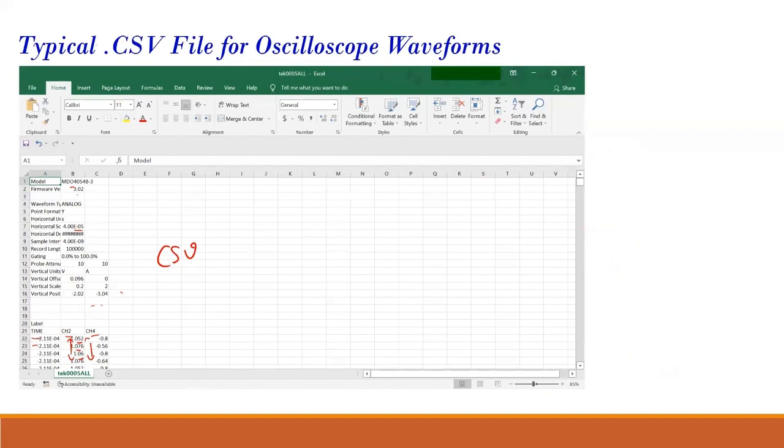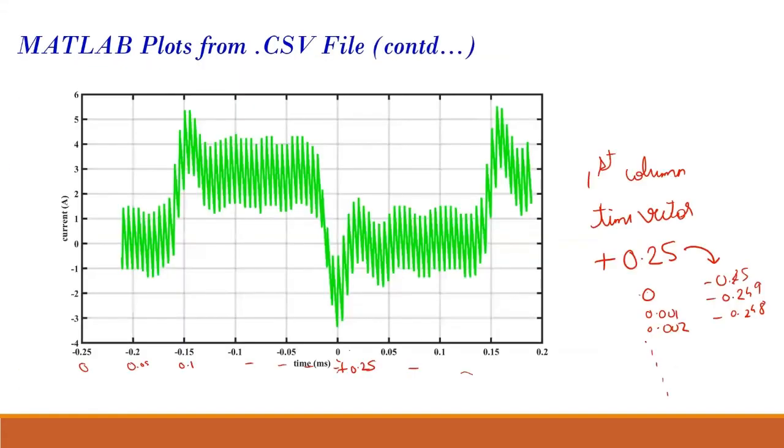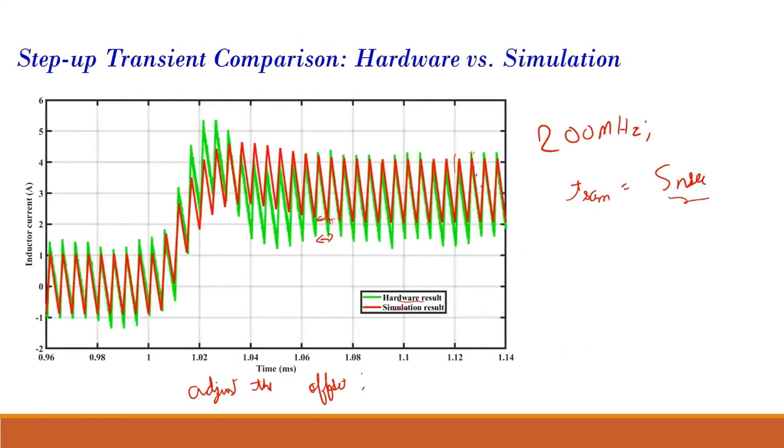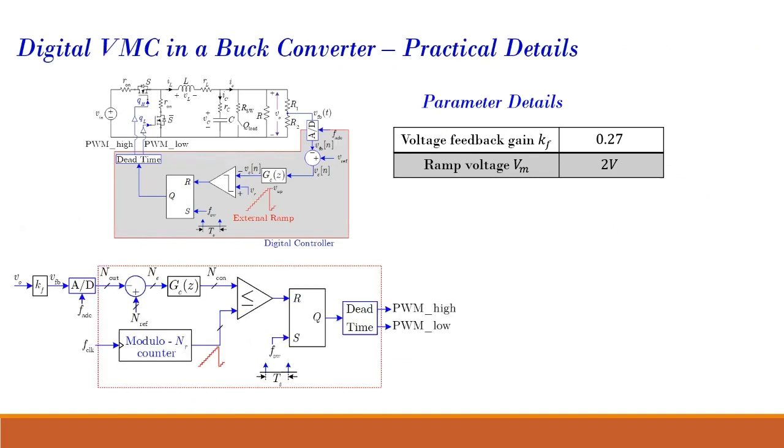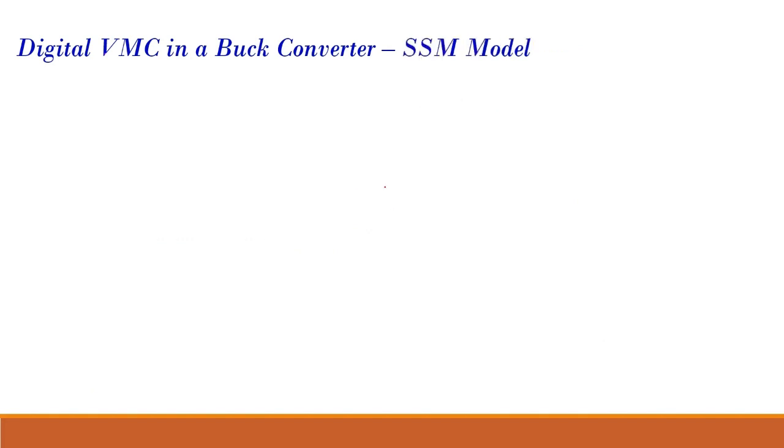So now we will go for loop shaping design for digital voltage control. This is your block diagram for FPGA implementation, shown over here. Your feedback gain is 0.27 and the ramp voltage maximum value is 2 volt.